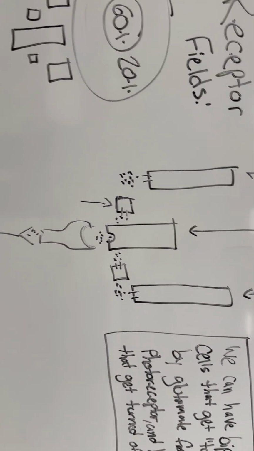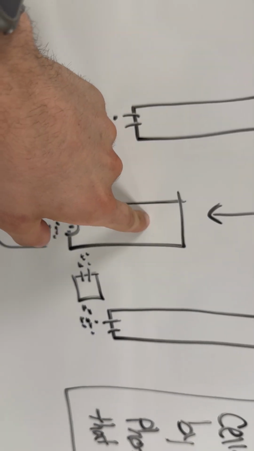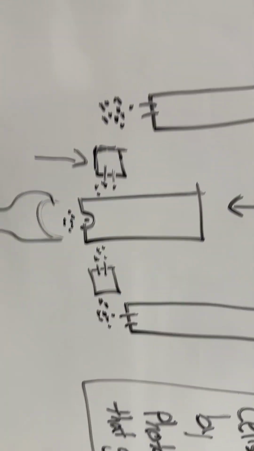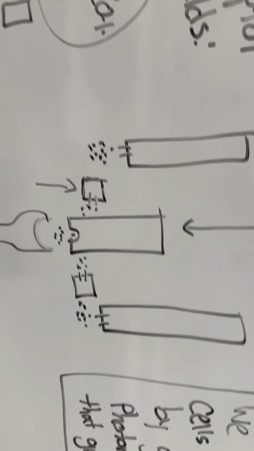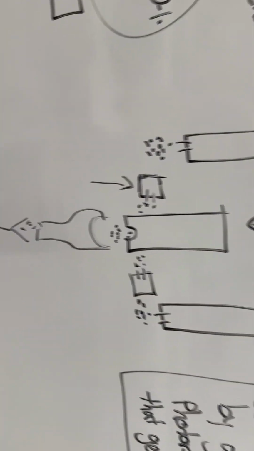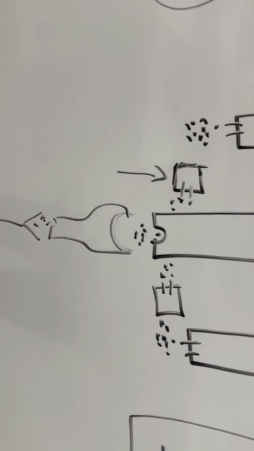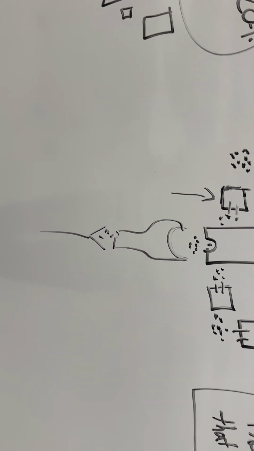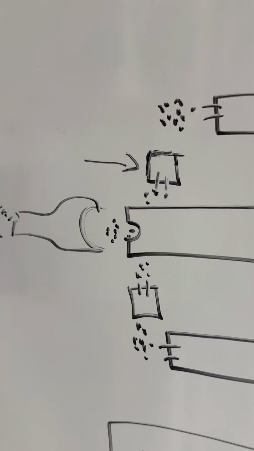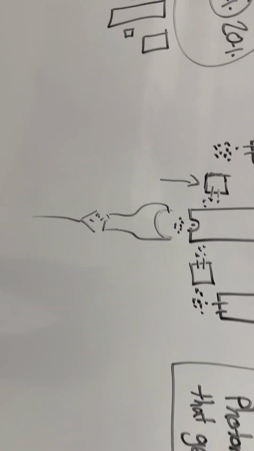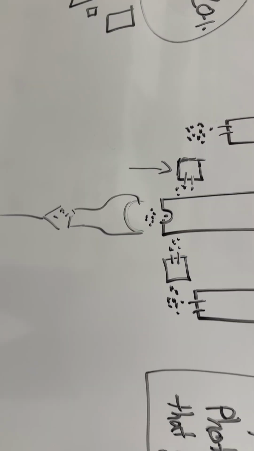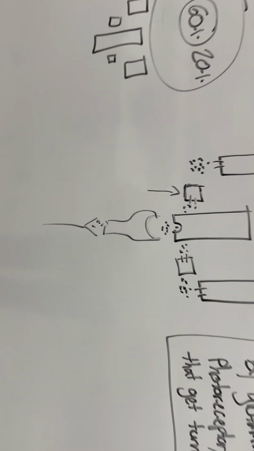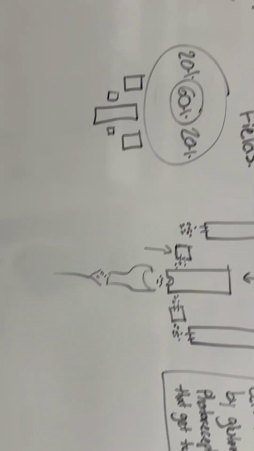So in this case, when light hits this photoreceptor cell, due to the events that we just talked about over here, we're not gonna release glutamate onto our bipolar cell. And then because of that, we're gonna release glutamate onto our ganglion cell, which is gonna send some action potentials to the brain.